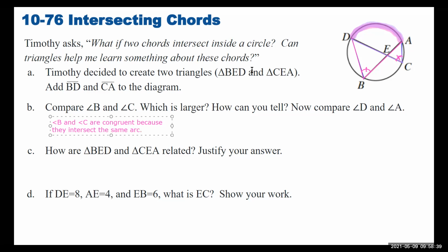And now we want to do the same type of comparison with angle D and angle A. Look at the sides that create angle D. We have angle D right here, and then angle A over here. You can see that angle D and angle A both intersect this arc.